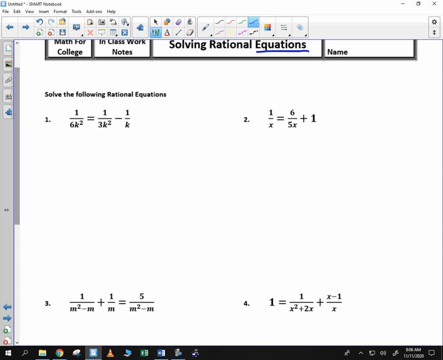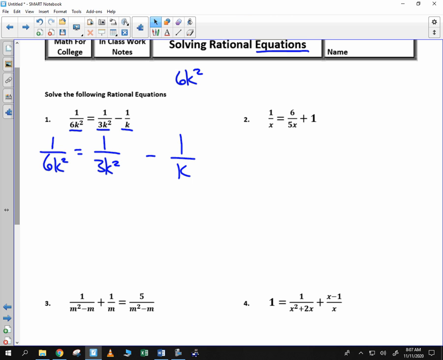And what we need to do here is just create common denominators throughout. So everything here can multiply to 6k squared. For example, if you have 1 over 6k squared equals 1 over 3k squared minus 1 over k, what we would multiply 3k squared by would be 2, and that would give us 6k squared.